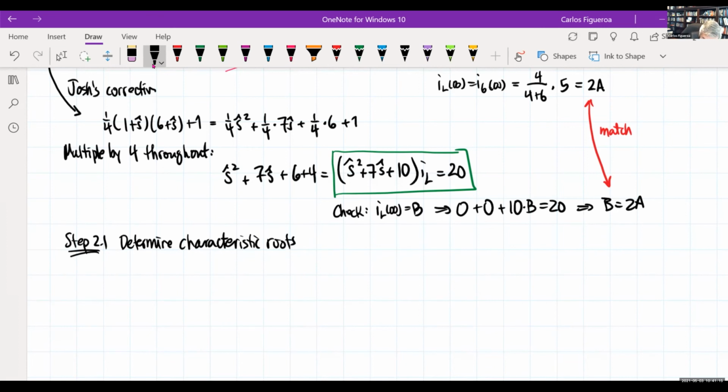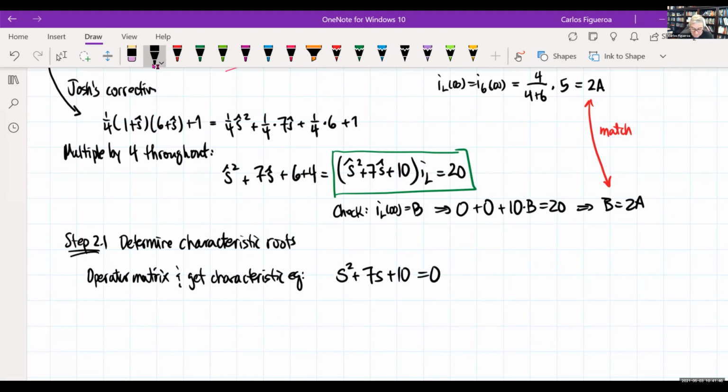So all I do is go right from our matrix operator. I take my operator matrix and get the characteristic equation. So then I get s squared plus 7s plus 10 has to equal 0.